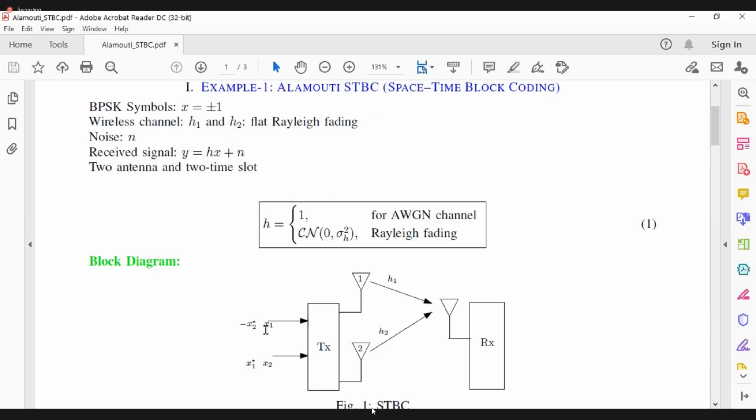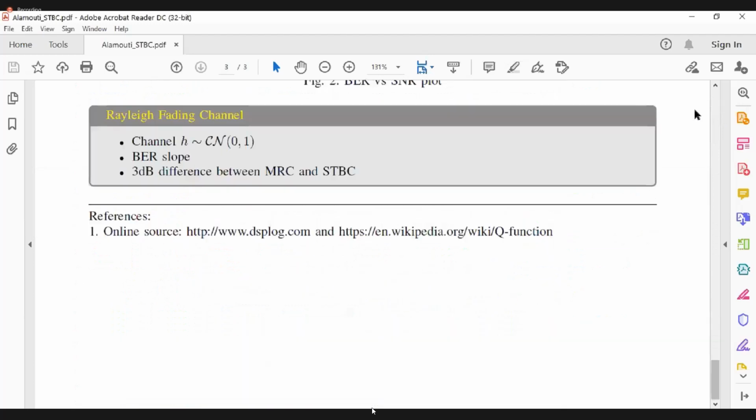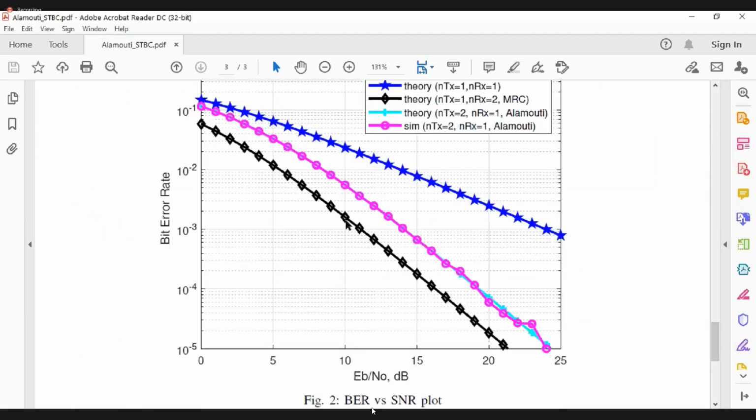So when energy is halved, or power is halved, you have a 3 dB gain difference. So that's why this 3 dB gain is coming in MRC. MRC performance is 3 dB better, because in MRC the whole energy is assigned in a single time slot, but in the Alamouti scheme, energy is divided between 2 time slots. That's why there is a 3 dB gain difference.